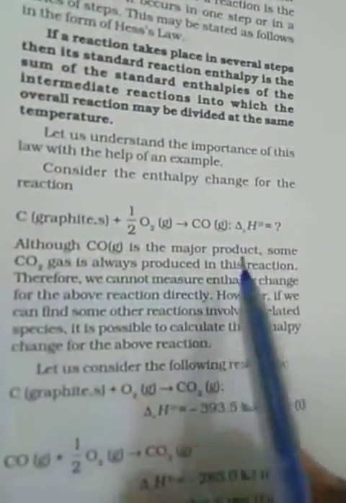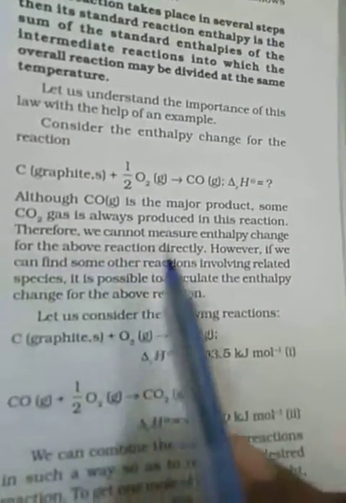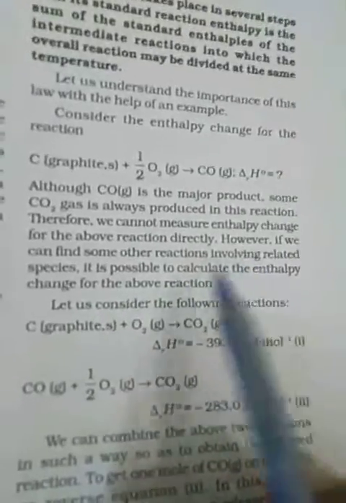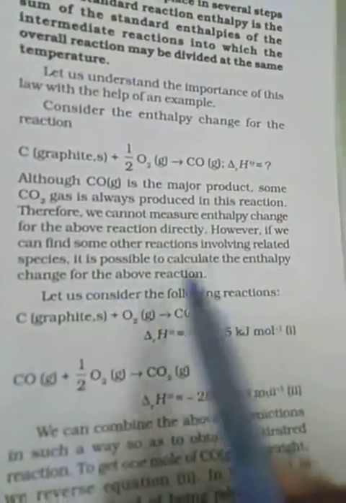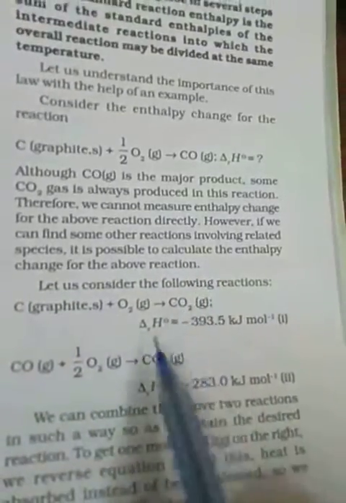Although CO is the major product, some CO2 gas is always produced in the reaction. Therefore, we cannot measure the enthalpy change for the above reaction directly. However, if we can find some other reactions involving related species, it is possible to calculate the enthalpy change for the above reaction.